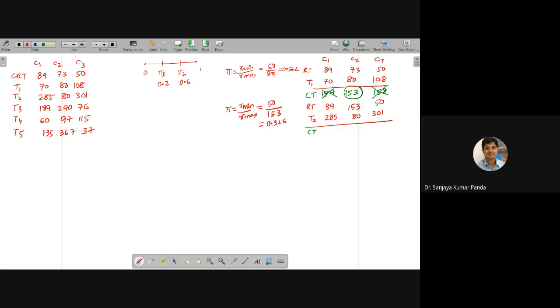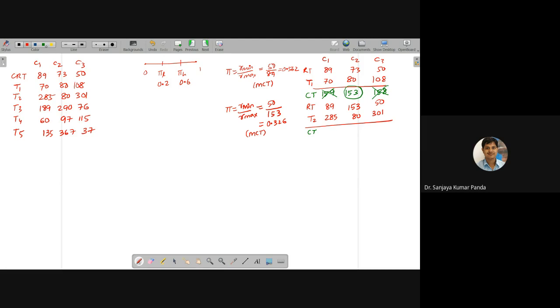Right? You will get the value 0.326. So now what will you do? 0.326 means again the value lies in between pi L and pi H. Then you will again continue with MCT.